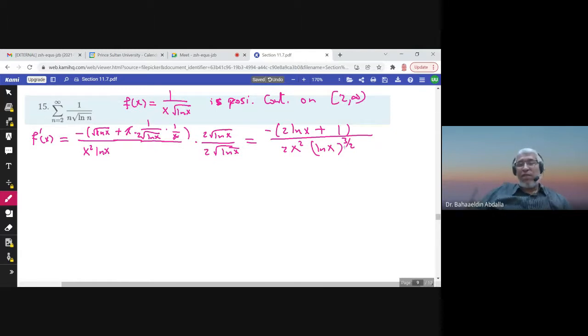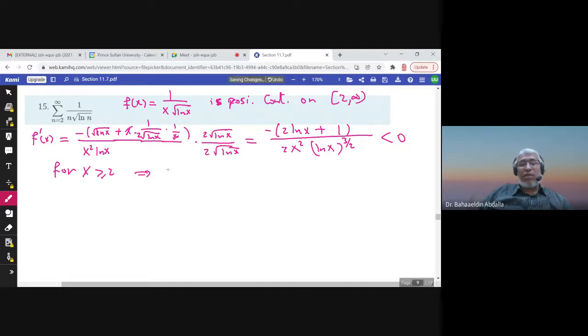And we can see that the denominator is always positive, and the numerator is always negative, because this is always positive when x is greater than or equal to 2. So f prime is less than 0 for x greater than or equal to 2.